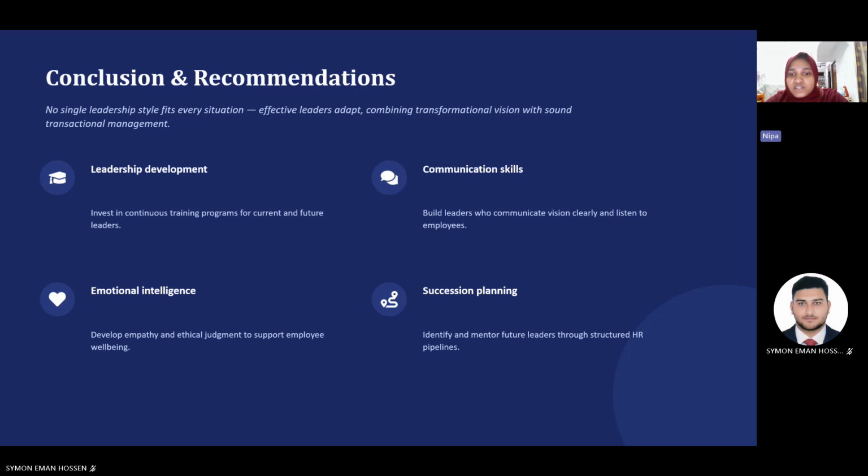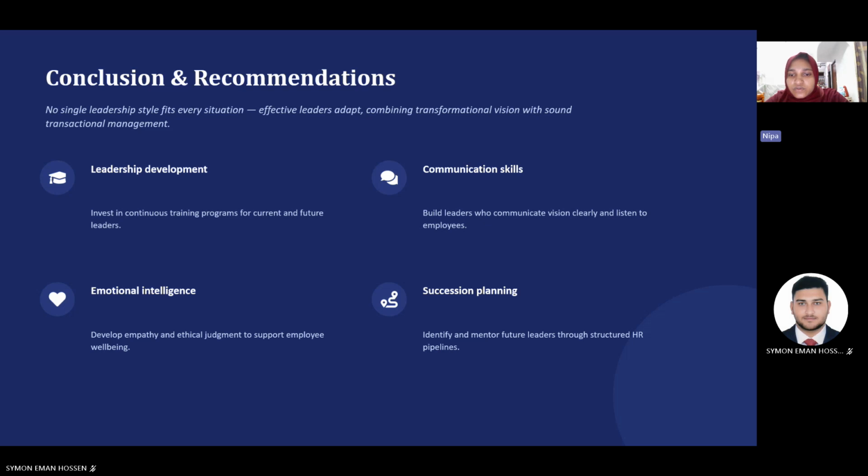Develop emotional intelligence so leaders support employee well-being and handle conflict well, and use succession planning to identify and mentor future leaders early through an HR pipeline.